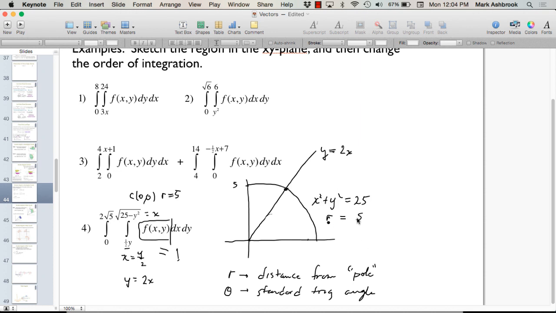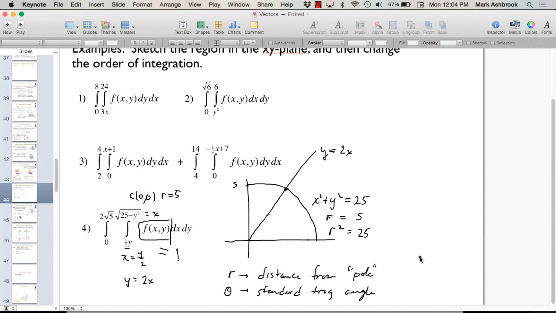Okay, and if you remember our relationship between r, x, and y, that means r squared equals 25. So here's one of our relationships between r, x, and y: x squared plus y squared equals r squared, right? If it's distance from the pole, that should make sense.